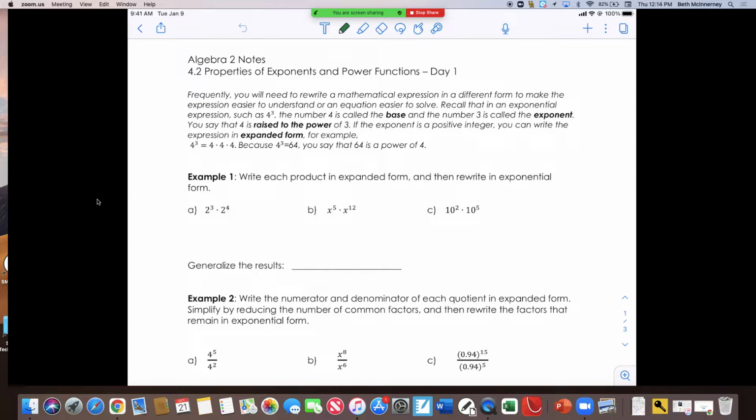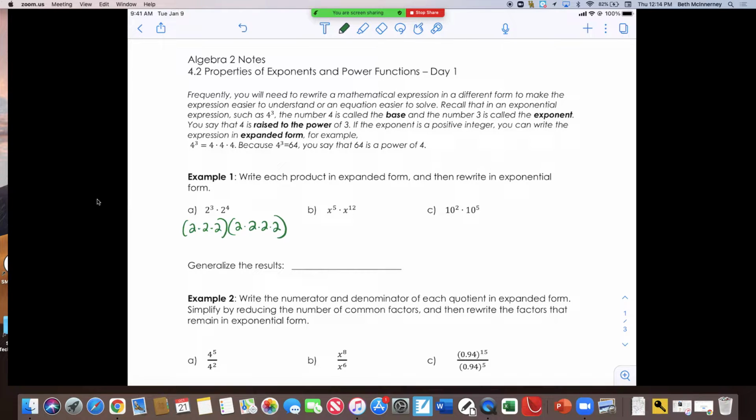So what I want you to do in example 1, I'm going to do letter A, then I'm going to ask you to do this with B and C and make a generalization as to what you think is happening. So 2 cubed is 2 times 2 times 2. 2 to the 4th is 2 times 2 times 2 times 2.